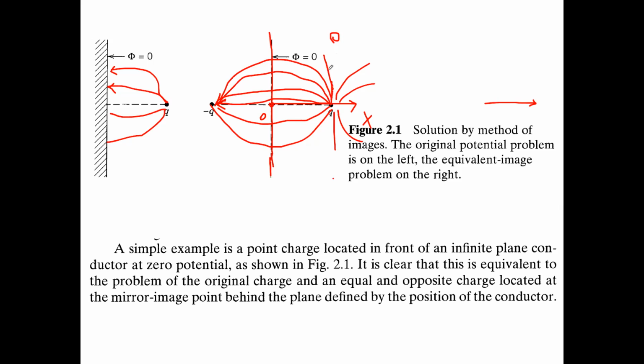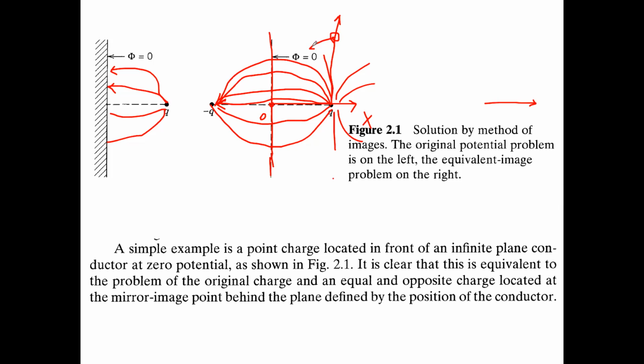First, you calculate the E based on Q. And then calculate the E based on negative Q. If you consider the entire system as just a two-charge system, negative charge and positive charge, you can calculate the electric field generated by each of the charges individually.